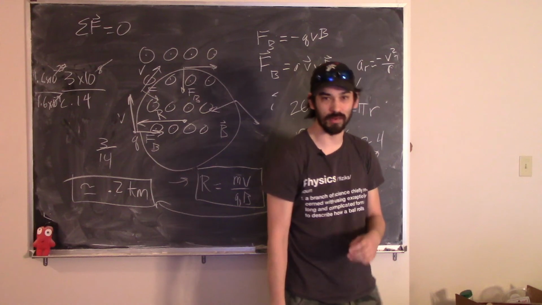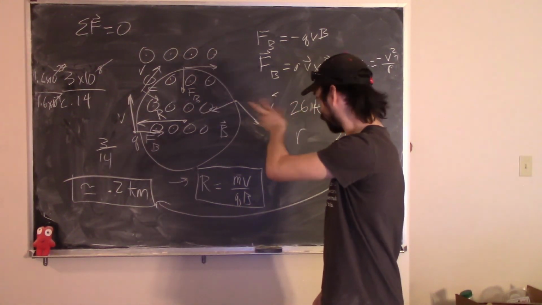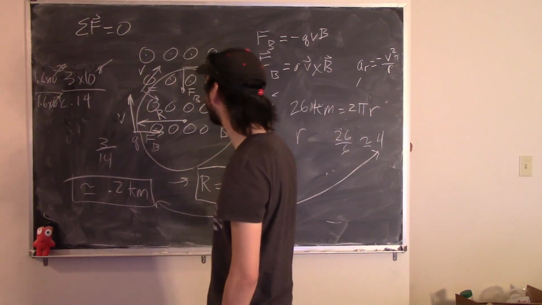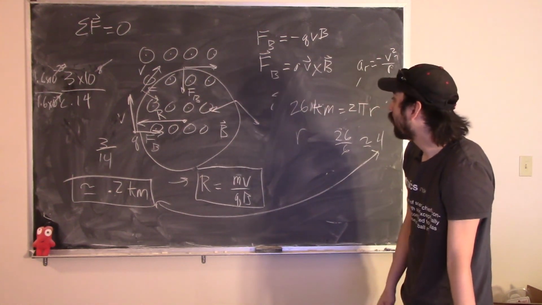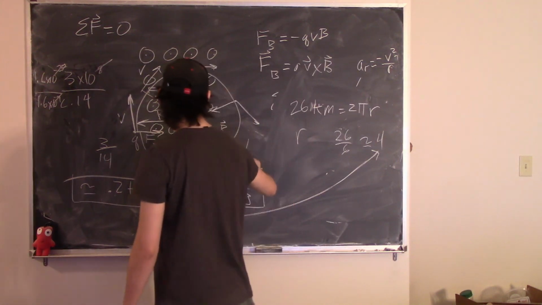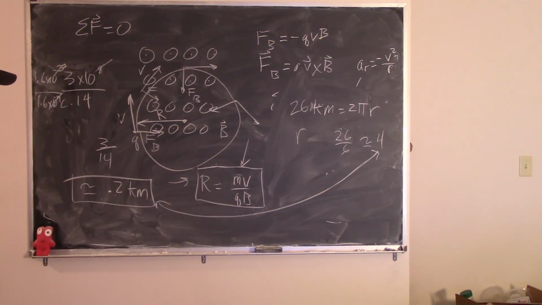What was I doing here? You guys might be like, he's just going off on some tangent. The way the Large Hadron Collider works is it accelerates particles up to a speed very close to the speed of light, and then collides them together. And so what I was doing was using this classical cyclotron radius to try to calculate the radius of the Large Hadron Collider.